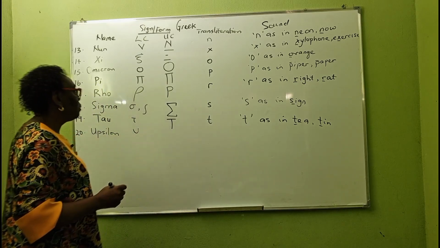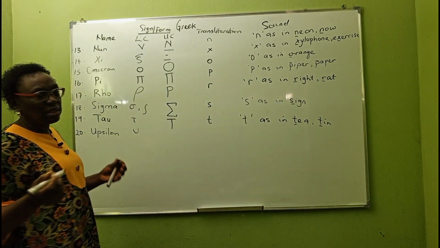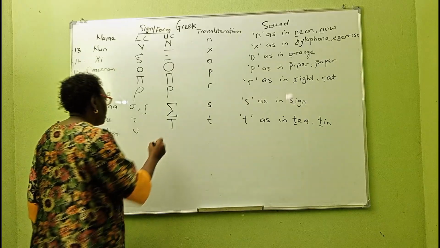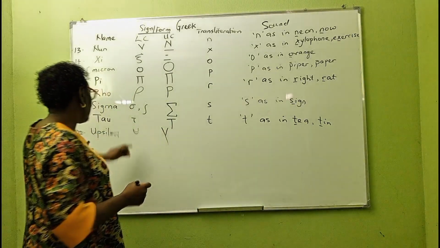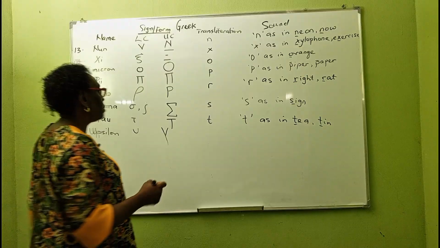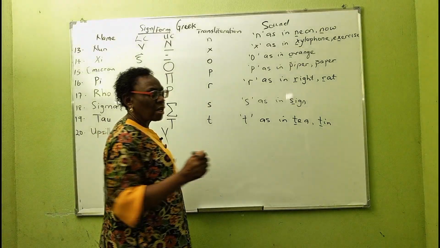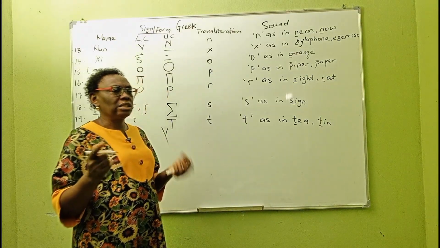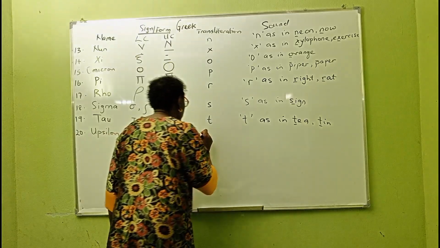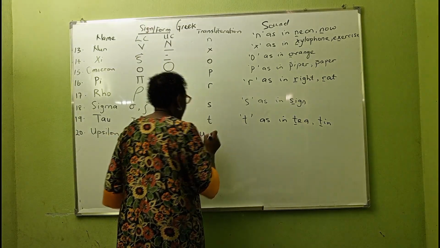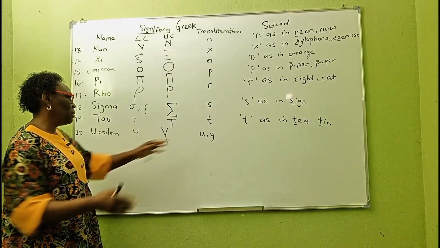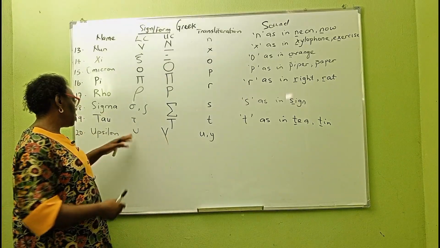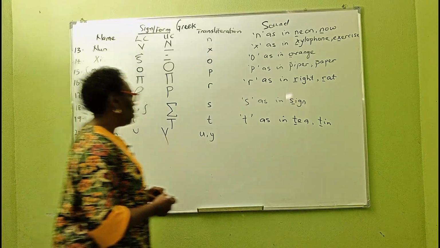The capital letter actually looks like capital letter Y. So you have this as your capital letter for upsilon. Transliteration, we have two ways it gets transliterated. You can use U or Y. So take note of that. Sometimes some use U. So that's your upsilon.